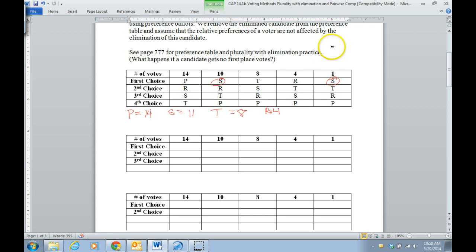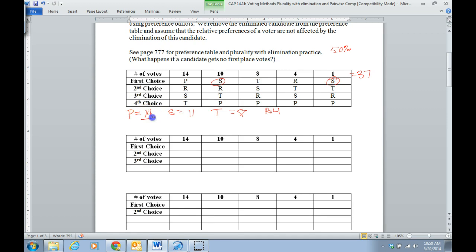But we need at least a 50% majority, and it states that in the problem in the book. Okay? So we need to find out what our total is, and we need to do that by totaling up the number of votes that we have on the top row. That ends up being 37, I believe. Okay? So we're going to take the number that P has.